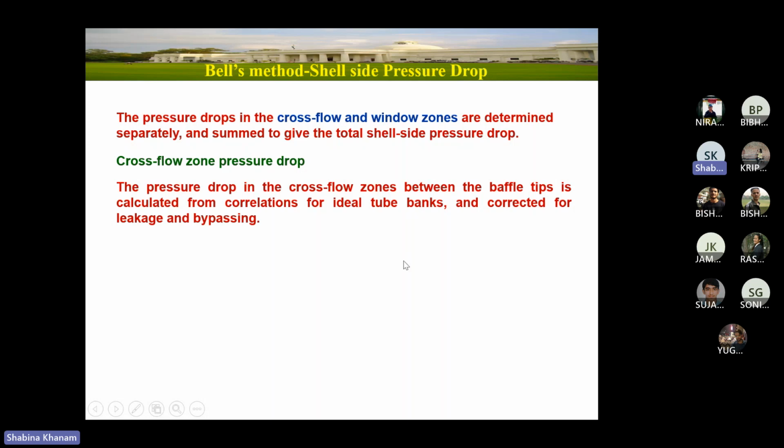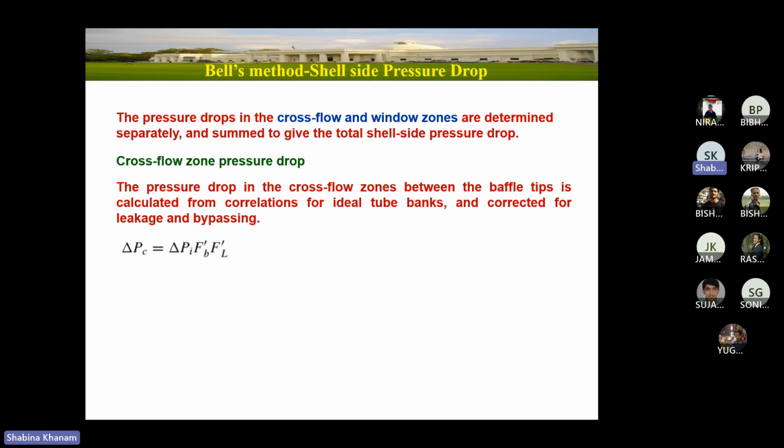And when we consider this pressure drop, as we have discussed in heat transfer coefficient, we will consider the ideal case first, and then the correction factor will be applied over that.